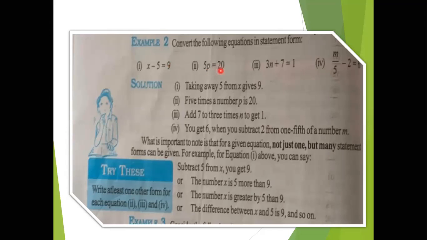Next is 5p equals 20. That means 5 times a number, and this number they have taken as p. So you can write 5 times a number gives 20, or 5 times a number p is 20. Next is 3n plus 7 equals 1.